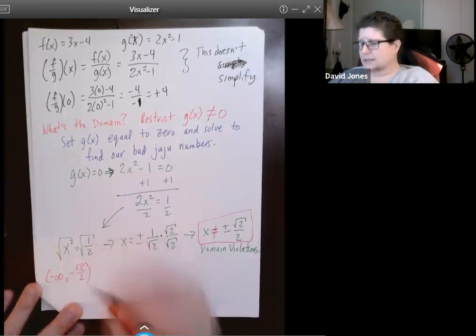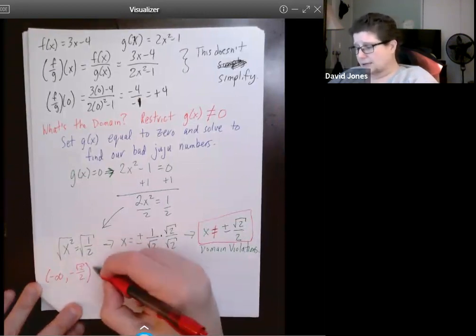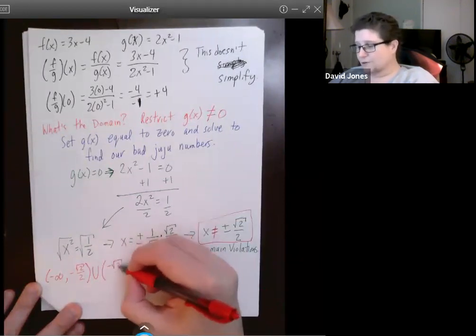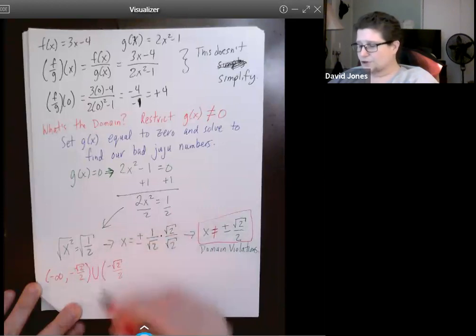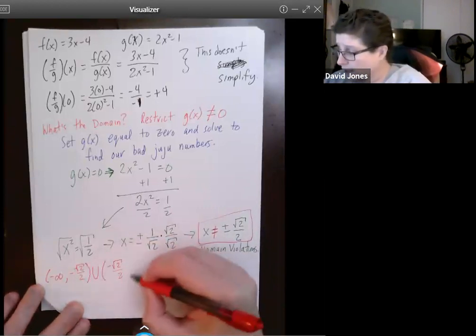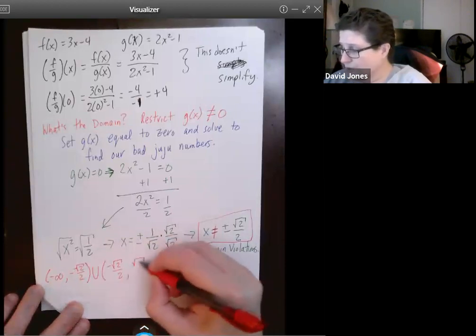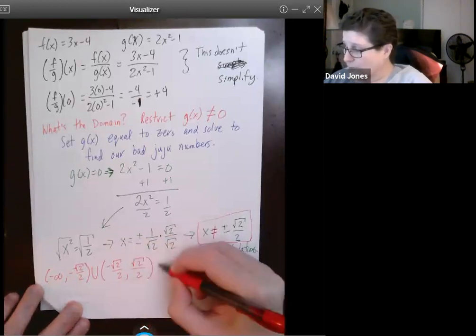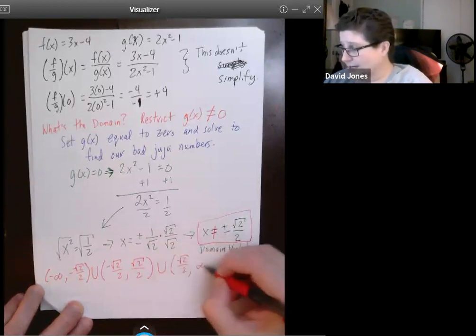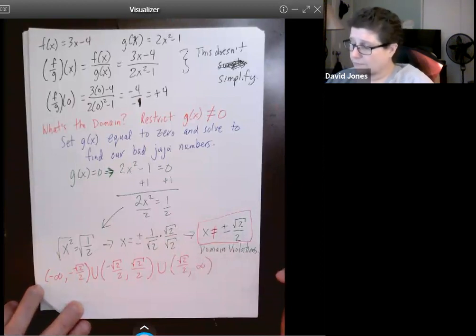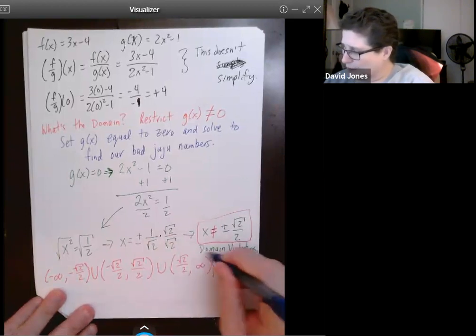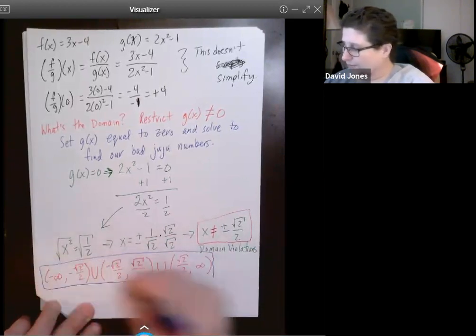And then we do a parenthesis because we're not including it. In union with parenthesis again, we start right back up at negative square root of 2 over 2. This shows us that only negative square root of 2 over 2 is out, up to positive square root of 2 over 2. And then we'll do union again, square root of 2 over 2 to infinity. That is the long way of saying x cannot equal plus or minus the square root of 2 over 2.